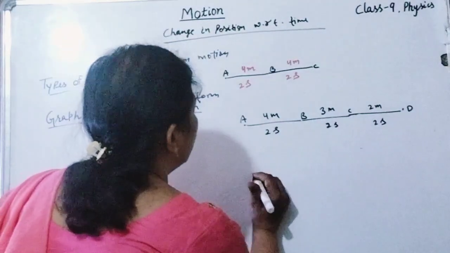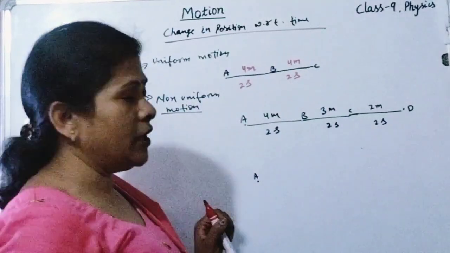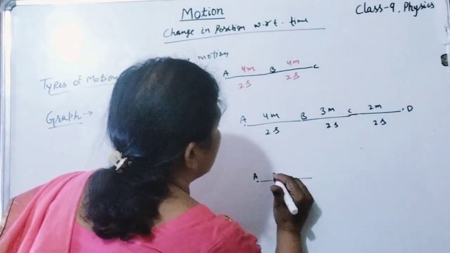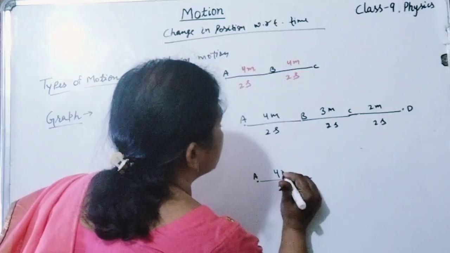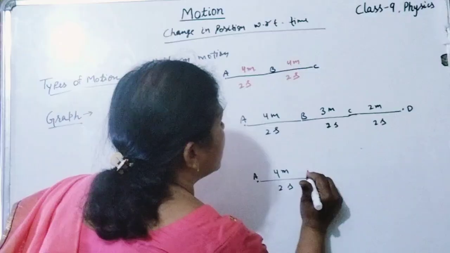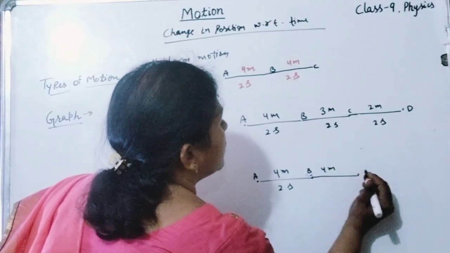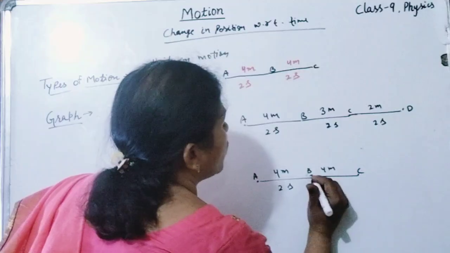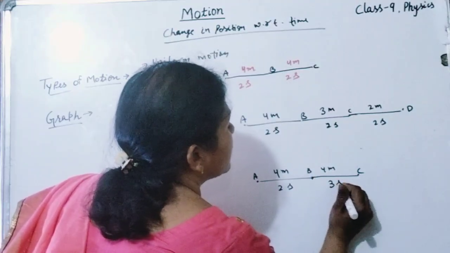Or you can understand this by another example. Suppose the object is at point A. After 2 seconds, it will cover the distance 4 meter and reach the point B. The next 4 meter, the object covers in 3 seconds.